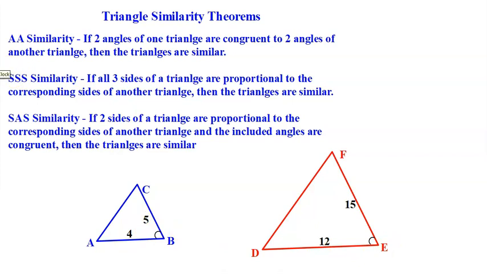You do not have to check everything. And that is for triangles only. Quadrilaterals, stuff like that, you're going to have to check all of the sides for proportionality, all of the angles for congruence. But for triangles, we have shortcuts.